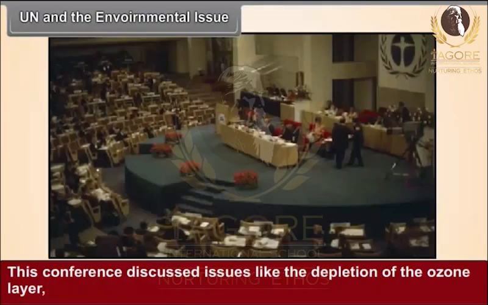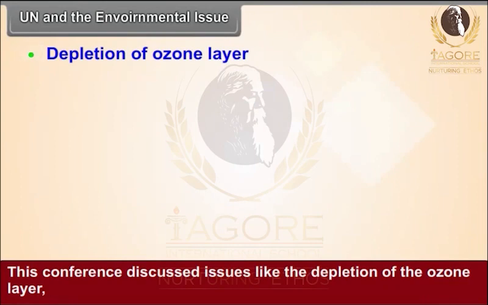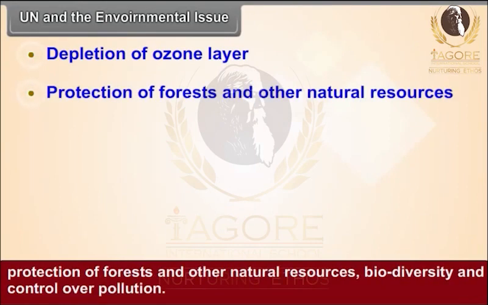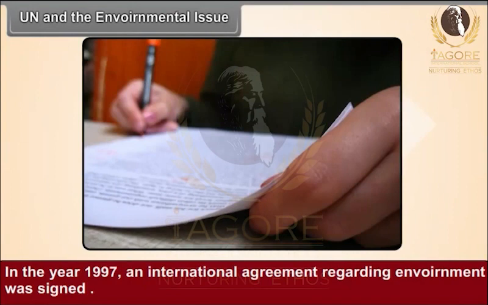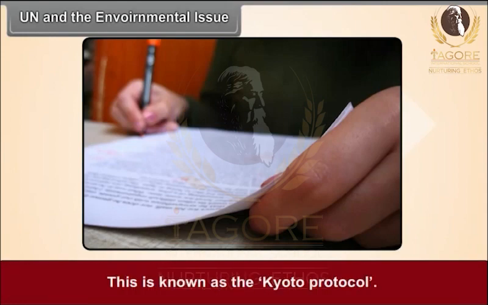This conference discussed issues like the depletion of the ozone layer, protection of forests and other natural resources, biodiversity and control over pollution. In the year 1997, an international agreement regarding environment was signed. This is known as the Kyoto Protocol.